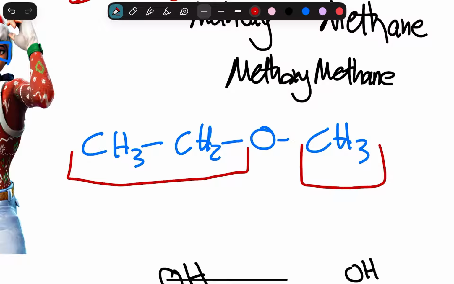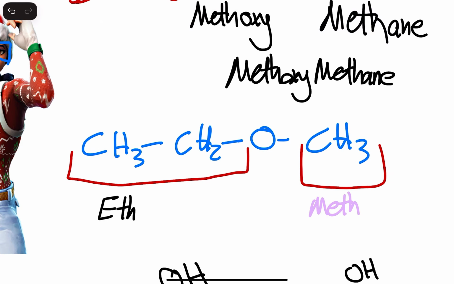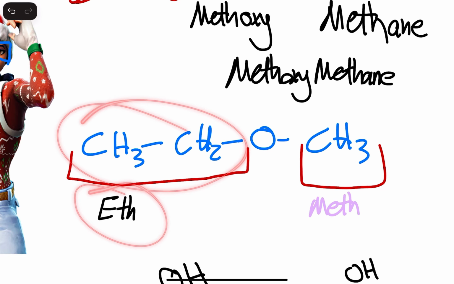So we'll start with this group. This group right here is our, let's use black, is our eth group. And this group right here is our, let's use purple, meth group. So we have one carbon, so meth, two carbons, eth.